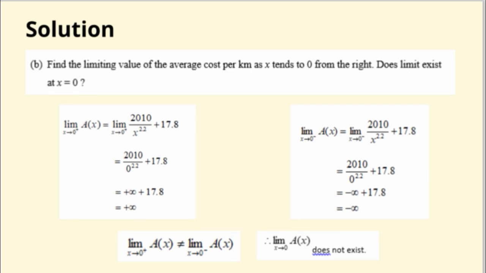we need to solve this using the right-sided limit and left-sided limit. The plus symbol is for the right-sided limit and the negative symbol is for the left-sided limit. As for the right-sided limit, limit as x approaches 0 of A of x equals limit as x approaches 0 of 2010 divided by x to the power of 2.2, plus 17.8.